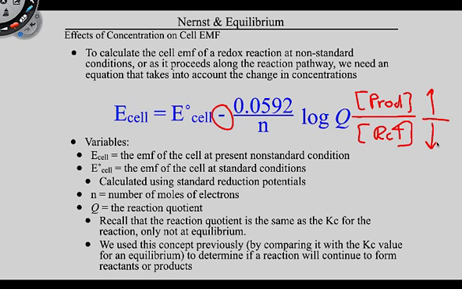So the idea is this. As the reaction goes on, this number gets bigger, this number gets smaller. The log of that ratio will then be a positive number because it's bigger than 1. So notice what we've got: a positive number here, a positive number here, a positive number here. So this entire expression will be positive.